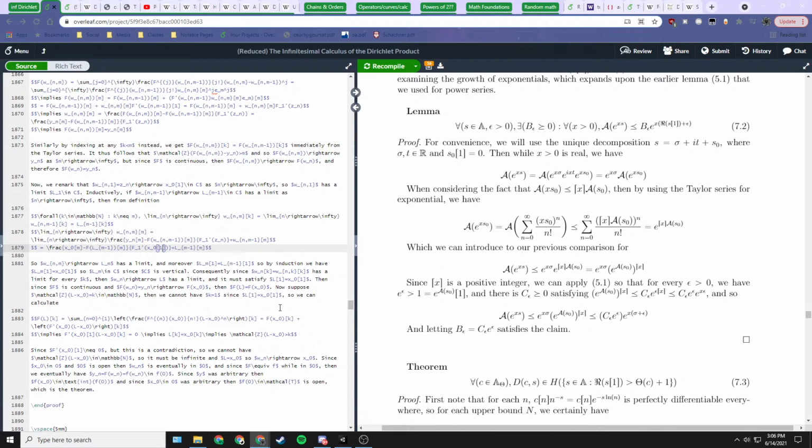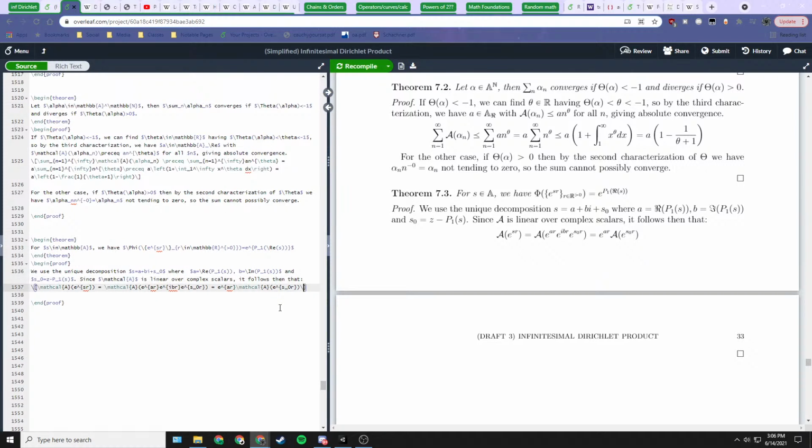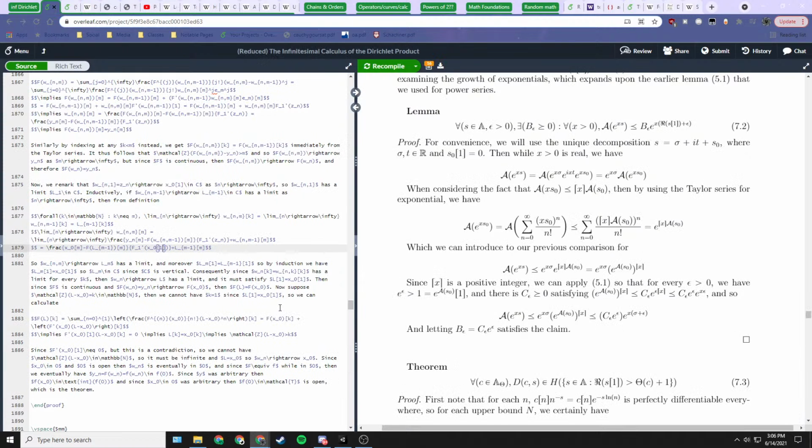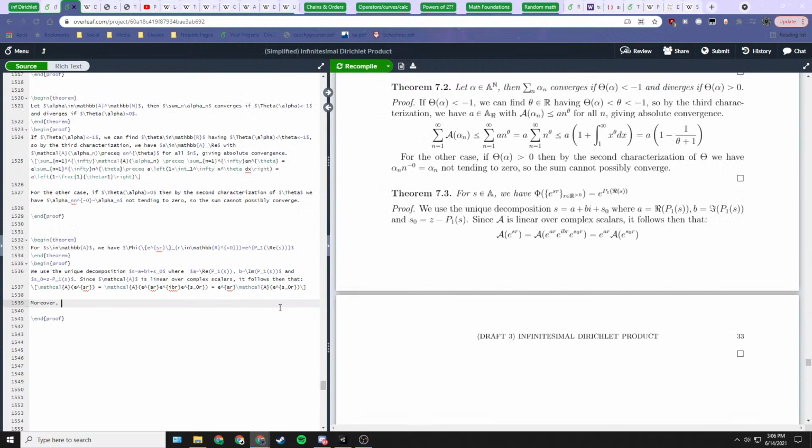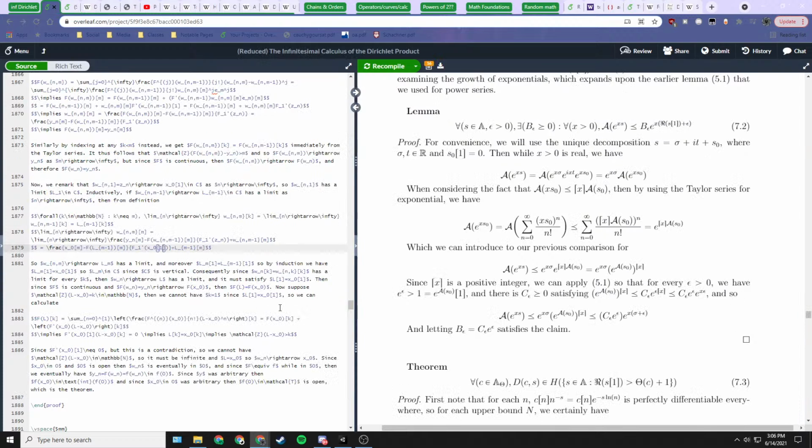The rest of it is just bounding this. Actually, this R, let me think on that.